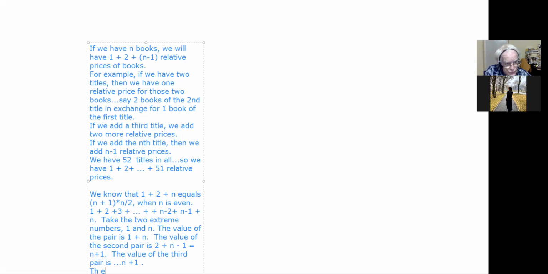So the sequence from 1 to 2 plus all the way up to n is equal to n plus 1 times the number of pairs.